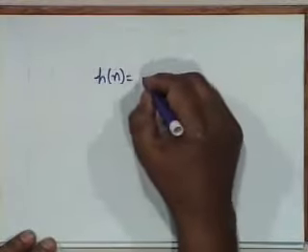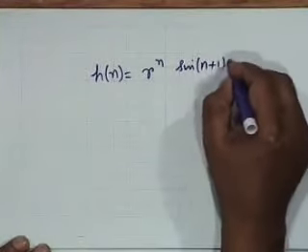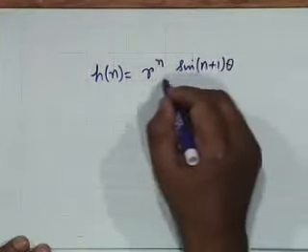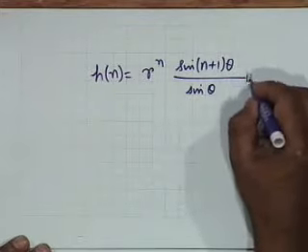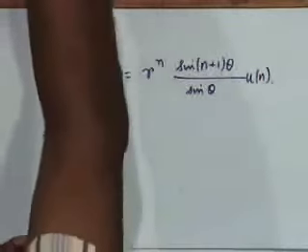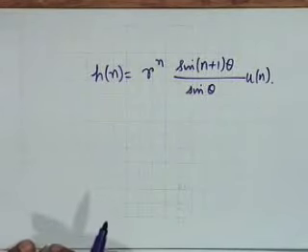All right. The ultimate result is the following. H of n, I am skipping the algebra, h of n is r to the power n sine of n plus 1 theta divided by sine theta times u of n. That's what the expression is.